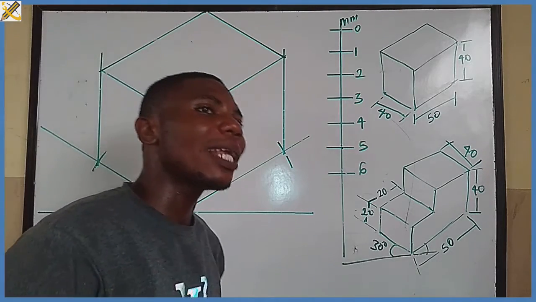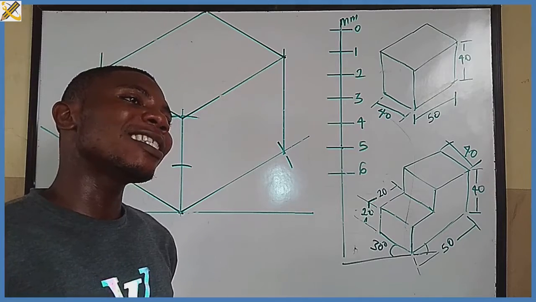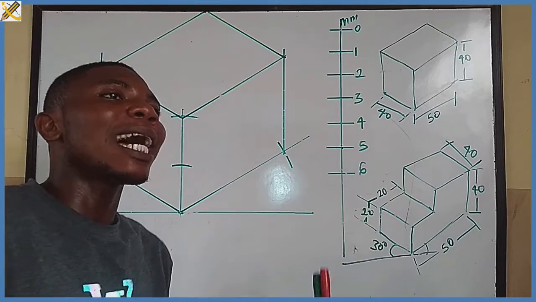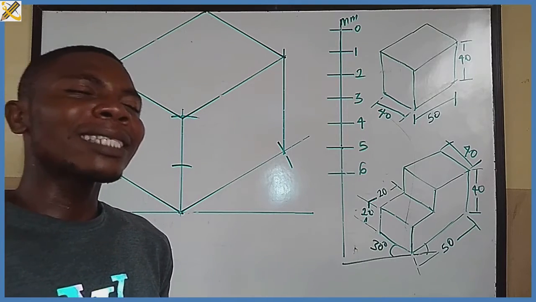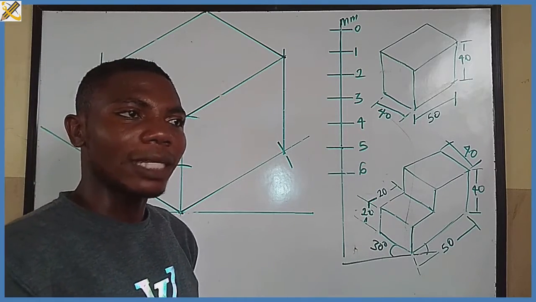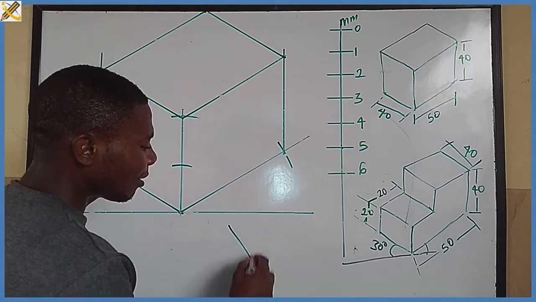What does parallel line imply? Parallel lines are lines seated on the same plane and at the same angle towards each other. The distance between them doesn't matter. For example, let's assume I'm having this.